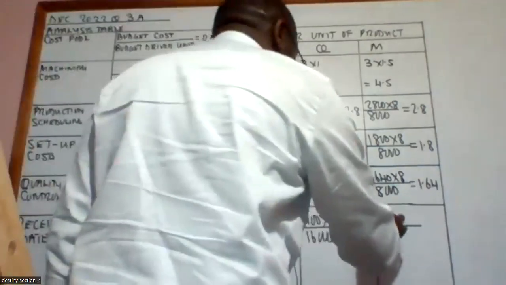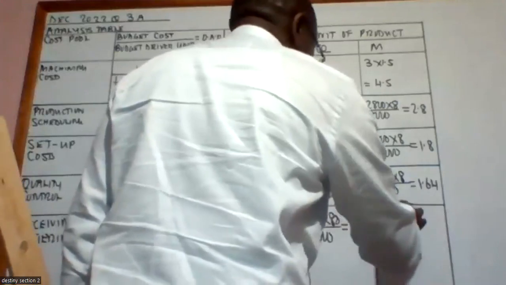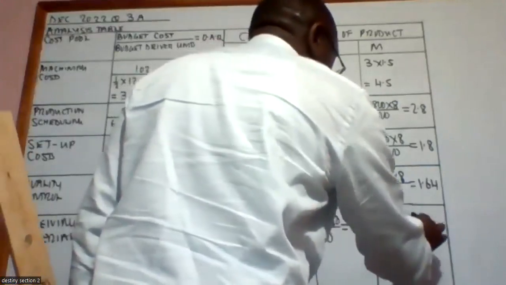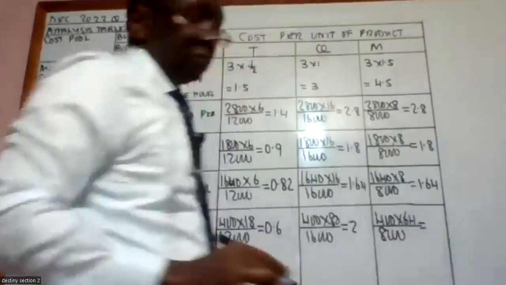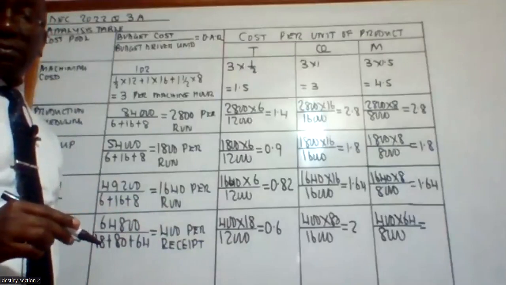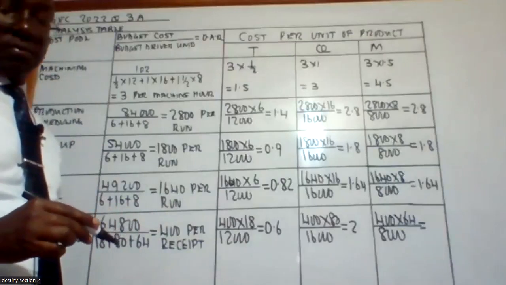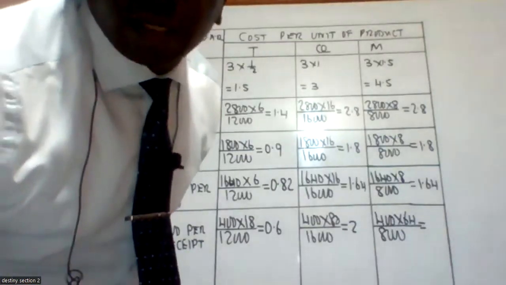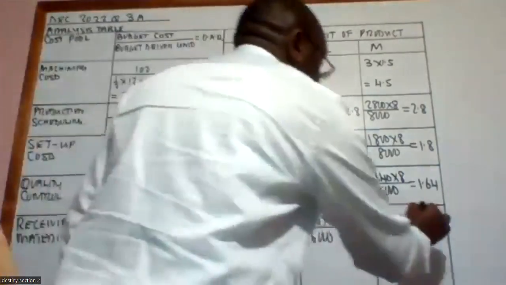Then 400 times 64, divide by 8,000. That is $3.2.